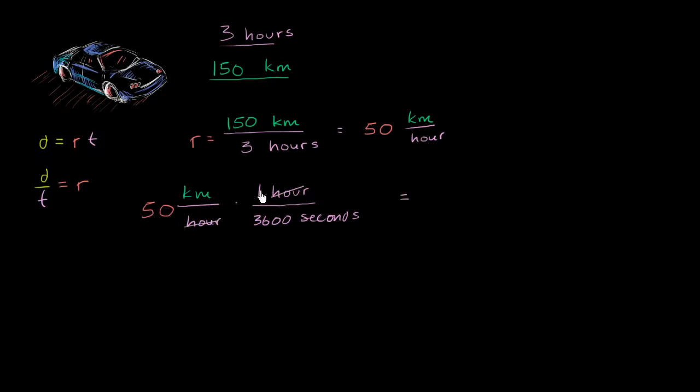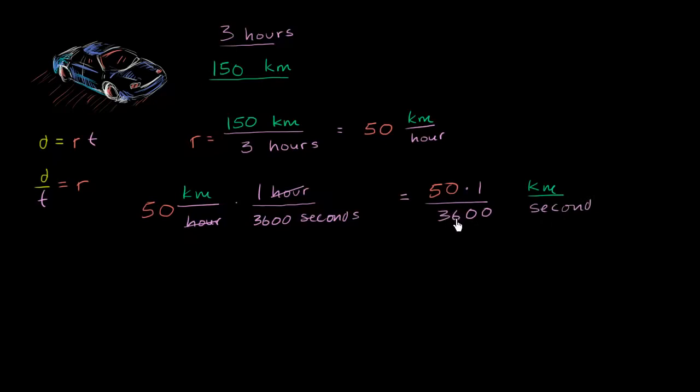So we have 50 times 1 over 3,600. And then our units left are kilometers per second. We can play around with the plural and singular parts of it, but I'll just write it as kilometers per second. And so this is 50 over 3600.